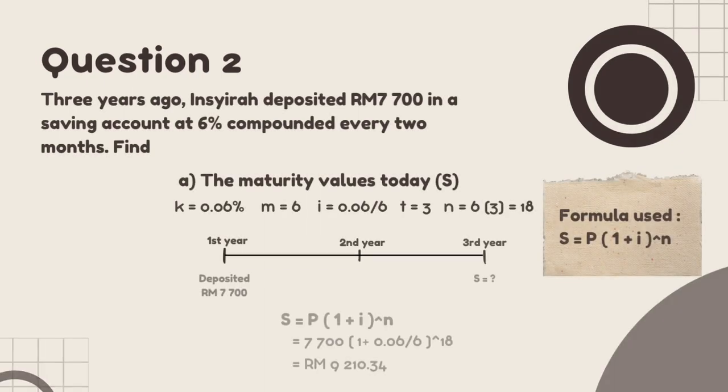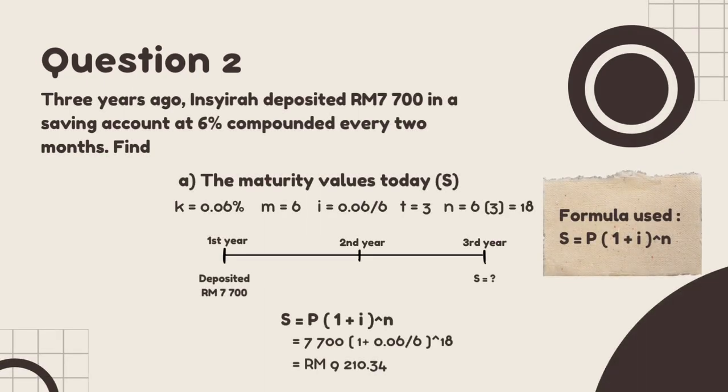For question 2, 3 years ago, Inshira deposited 7,700 ringgit in a saving account at 6% compounded every 2 months. Find A, the maturity value today, which is also known as the letter S. First of all, we need to identify the information given.